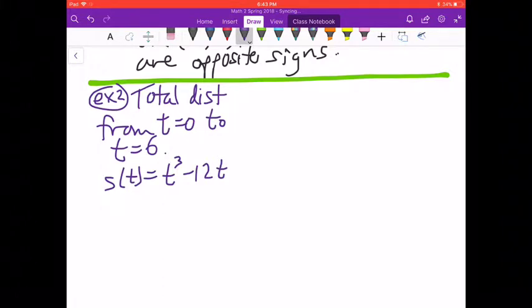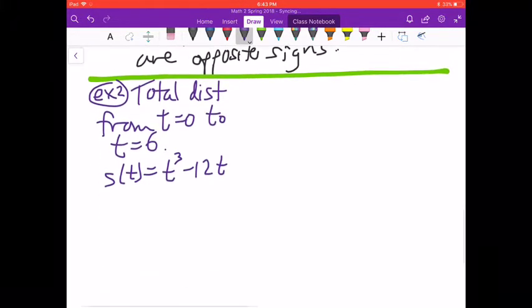At first glance, you might be thinking, well, total distance, I can just integrate. But sometimes we'd like to look at it differently. And this is one of those times. So we will come back to the integration idea later. I would like to break this down a little differently.